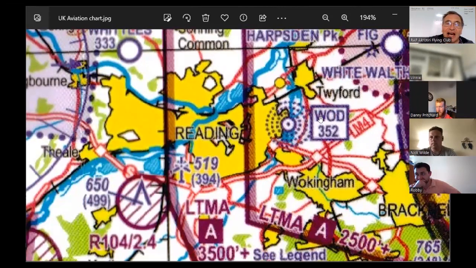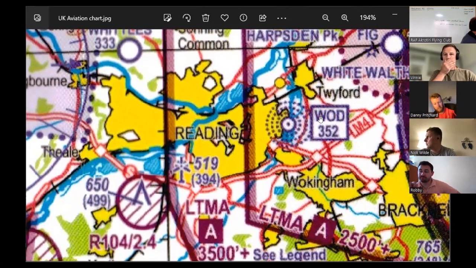And you can tell because it's got WOD and 352, 352 being the frequency, and WOD, Whiskey Oscar Delta, being the Morse code it transmits, so you know what beacon you're looking at.